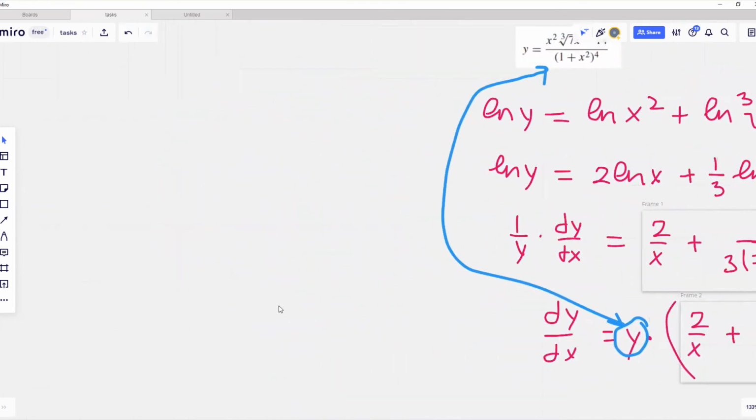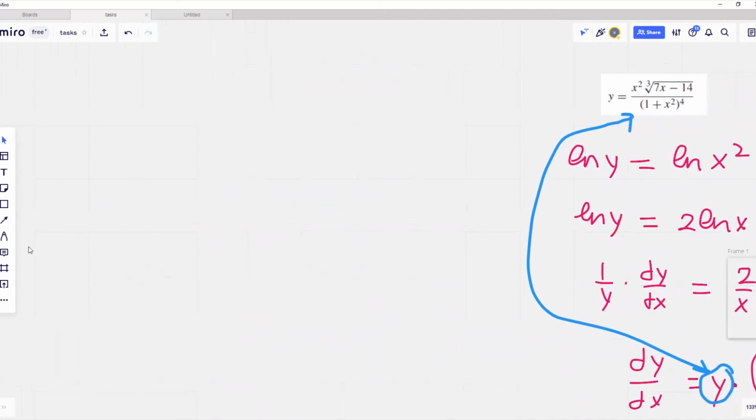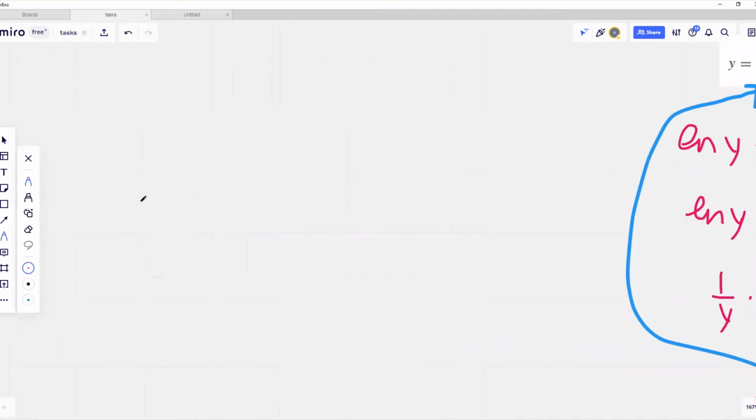So for instance, let's assume that in some general case we have a function u, which is a product of several functions.